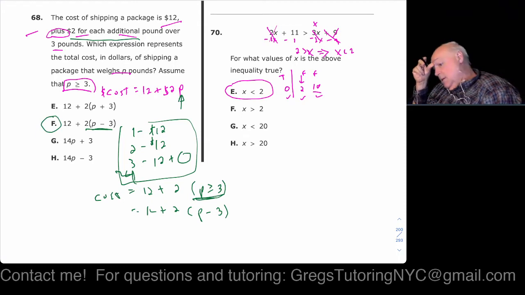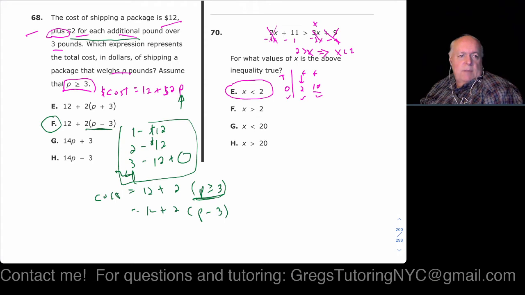So this does get tricky. It is a weird question. That's what makes it kind of hard. Yep, the answer is F. You just have to try to rip it apart. It has this little nuance, which is how do we deal with p being greater than or equal to 3? We just do the magic and subtract.